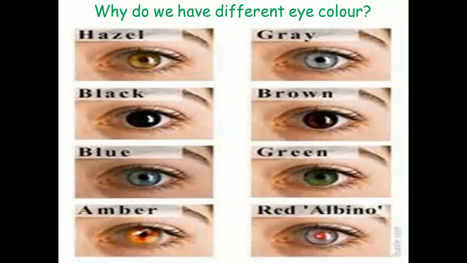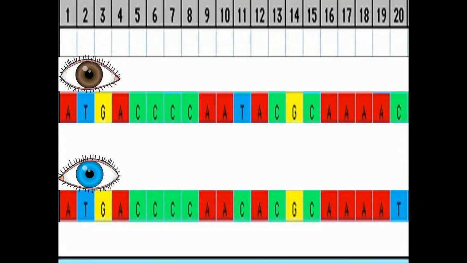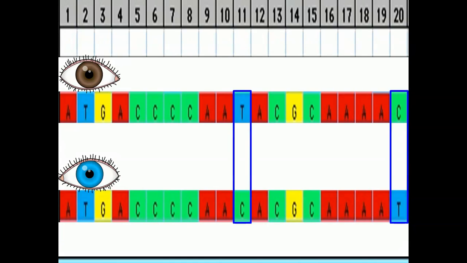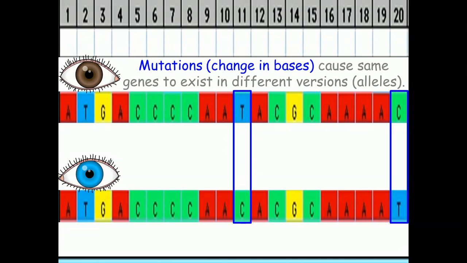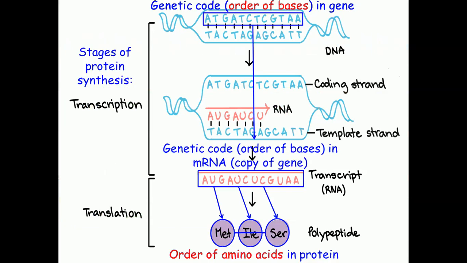So why do we have different eye color? This is because if you look at the eye color gene, you'll notice that there are some differences in the bases. These changes in bases are called mutations. And as we know from protein synthesis, if the mutation occurs in the gene, it could cause a different order of bases, and therefore a different order of amino acids, and that means that the protein that is produced will be different.